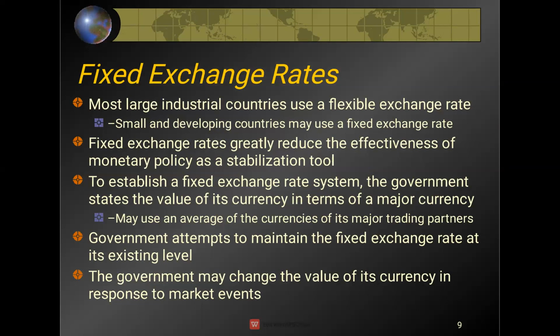The fixed exchange rate greatly reduces the effectiveness of monetary policy as a stabilization tool. So to establish a fixed exchange rate system, the government states the value of the currency in terms of the major currency. So they can say, okay, the value of the kwacha to the dollar is this much. Then they keep quiet. That is what that means.